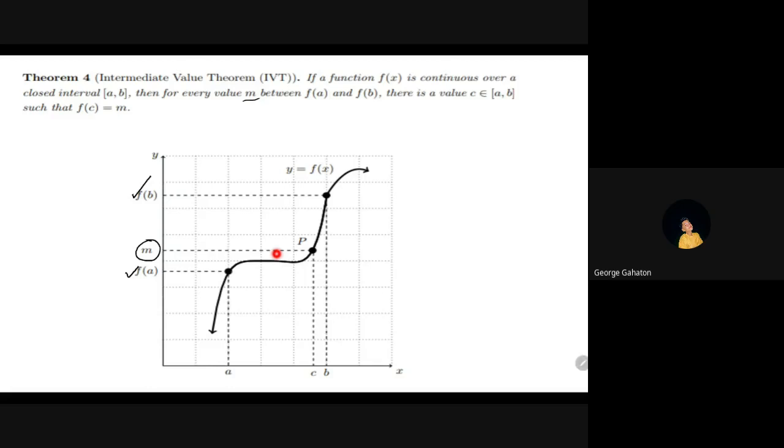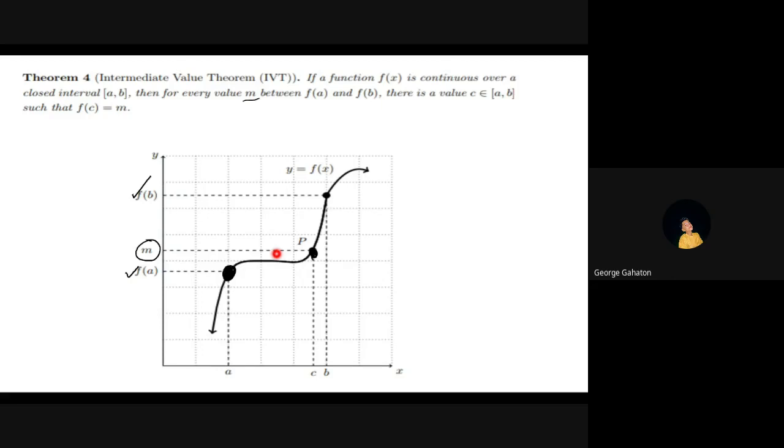As this dotted line moves, definitely, the dot P will move along the tangent curve between the two points (a, f of a) and (b, f of b).